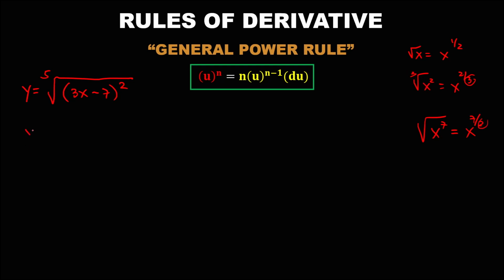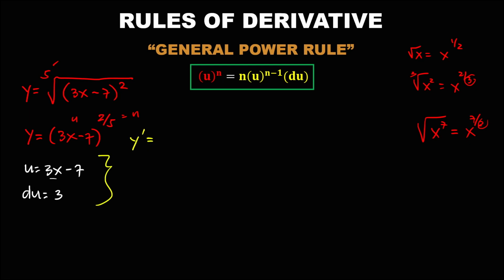So therefore, from this given, this is equal to the quantity of 3x minus 7 to the power 2 over 5. So this is now u. This one is n. So u is equal to 3x minus 7 and du is equal to 3. Then to find the derivative, we have y prime equals n.